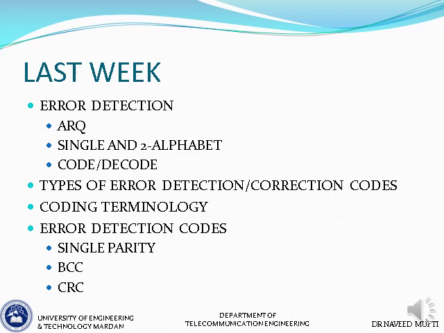And then we discussed that there are basically two types of error detection or error correction codes, block and convolutional. Then some terms that we need to be familiar with when we are studying error coding. We went through those terms. And thereafter we started looking at error detection codes, starting off with the very simple single parity system, and then moving on to BCC, and finally CRC.